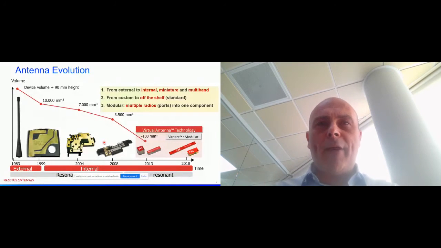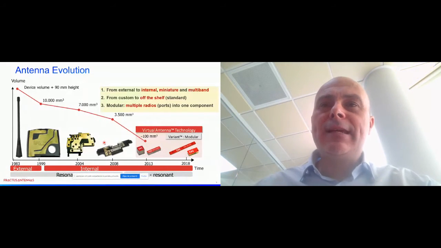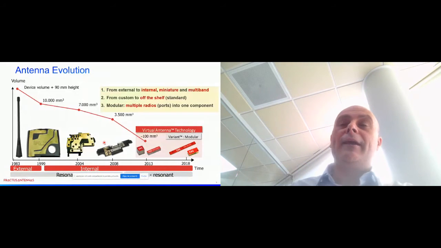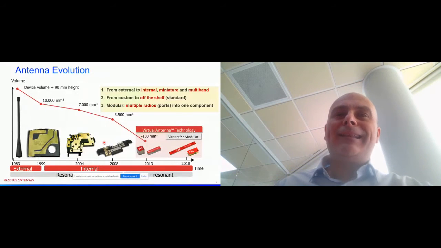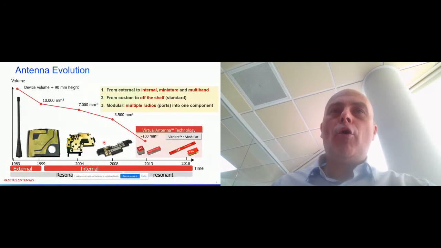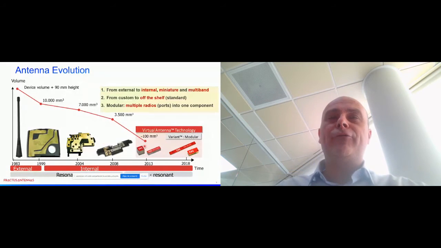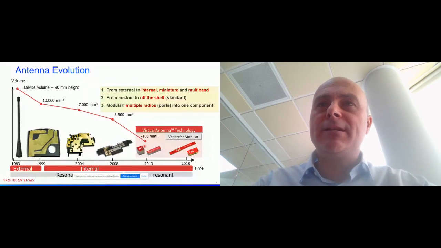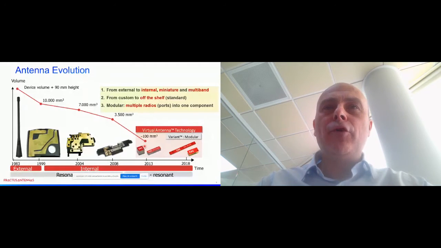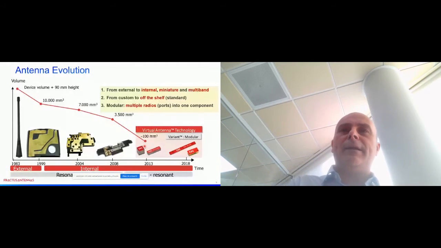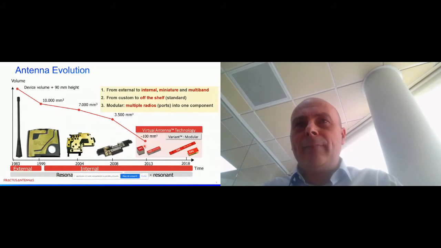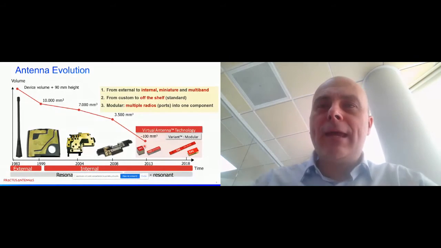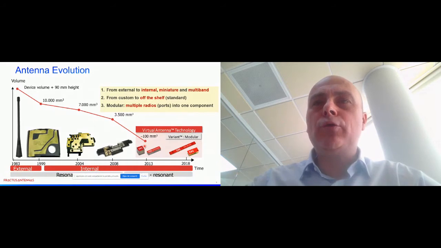But the big breakthrough is with the apparition of the virtual antenna technology back in 2013, where you can see that these antennas are internal components and 10 times smaller than other antenna technologies. Also, they are multiband, they are off the shelf, so it's very attractive for embedding the antenna on a PCB. And a very important feature is that besides being small and multiband, they support multiple radios in a single component, as we are going to see today.